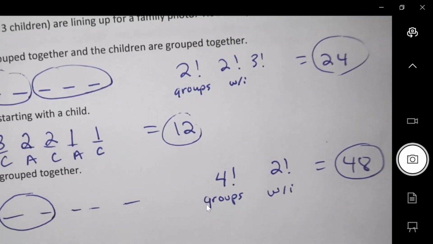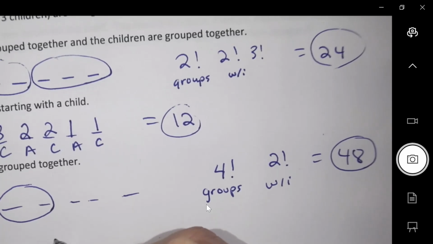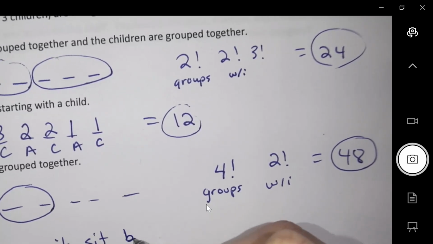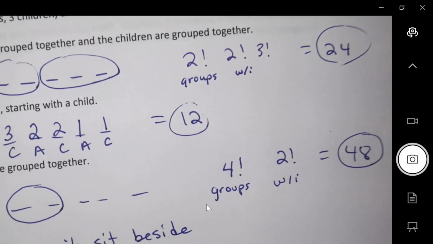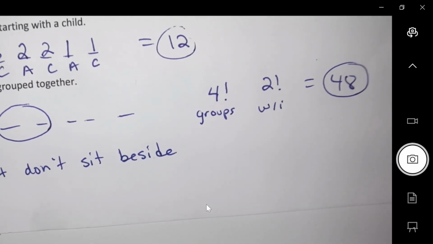I'm going to do one more question on that. Okay, what if the adults don't want to sit beside each other? The adults are not going to sit beside each other. Okay, what am I going to do in this?